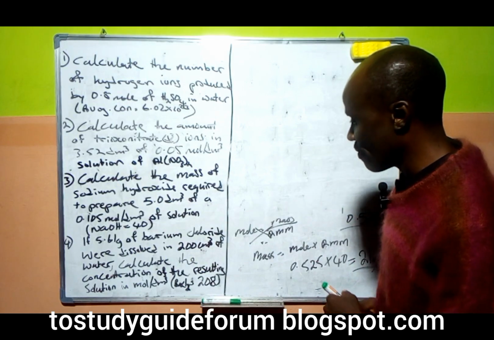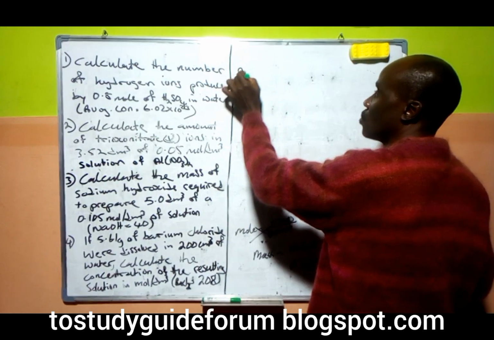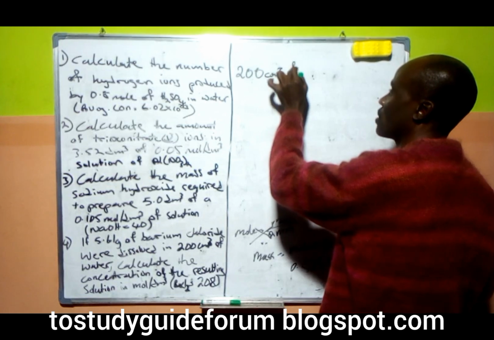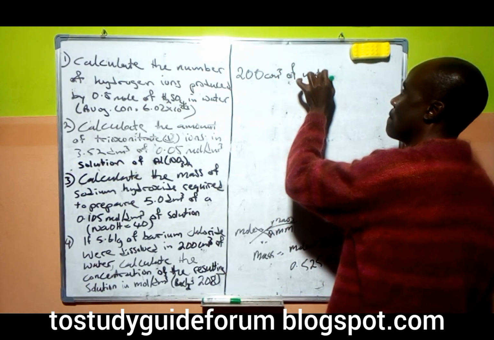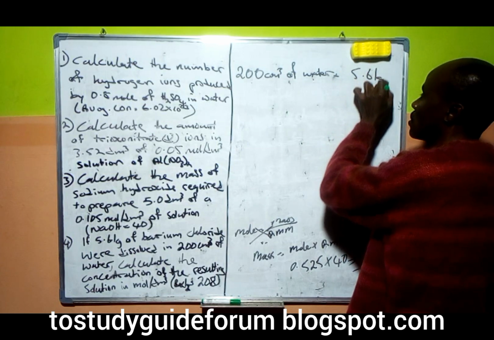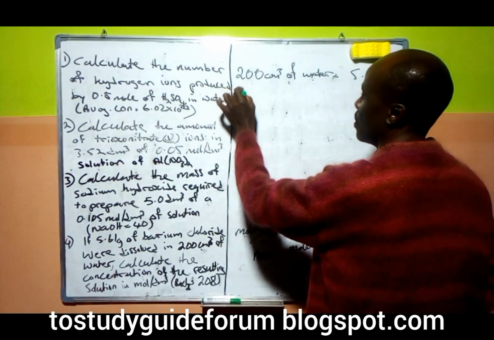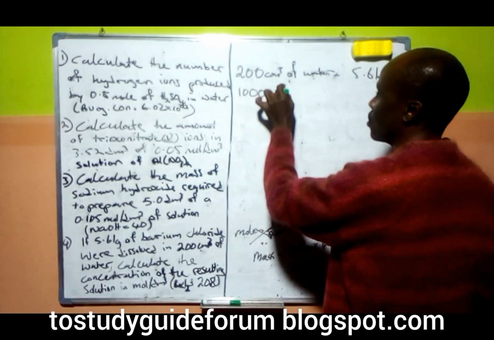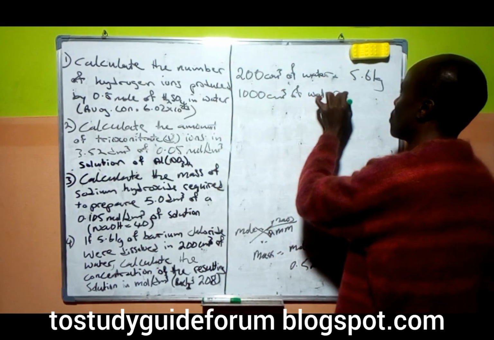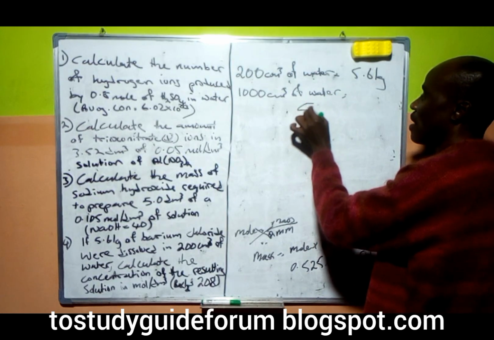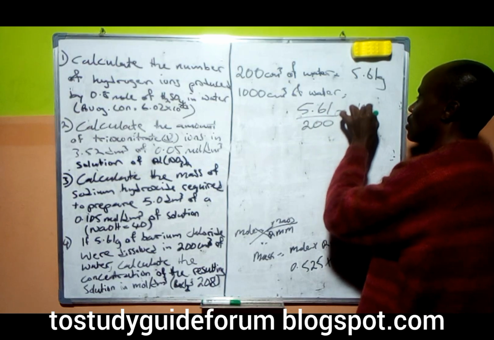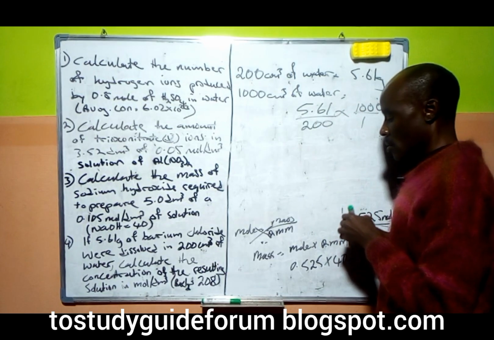So in this case, 200 cm cube of water contains 5.61 grams. So what do we have in 1000 cm cube? Because 1000 cm cube is equal to 1 dm cube of water. That will give us 5.61 over 200 times 1000 over 1.